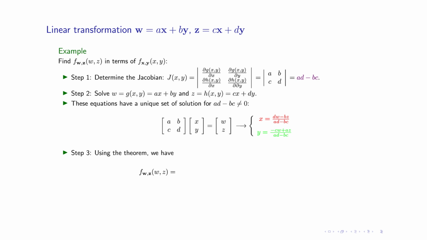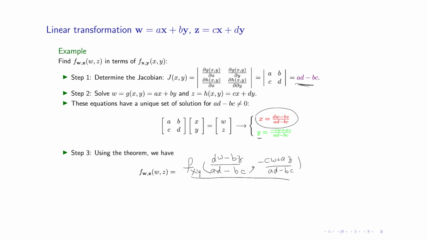So when the determinant is non-zero, you can see that this is equal to f_XY at the solution. So x is equal to (dw minus bz) divided by (ad minus bc), and replace y by this one, (minus cw plus az) divided by (ad minus bc), and then divide the whole thing by the Jacobian, which is equal to ad minus bc.